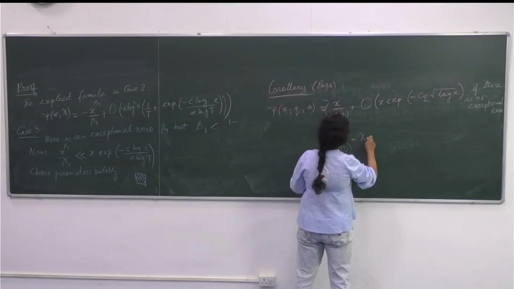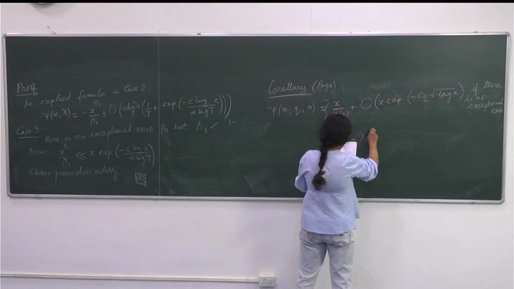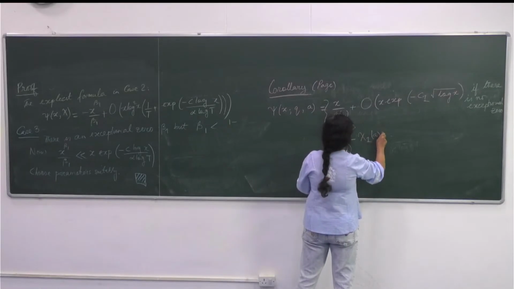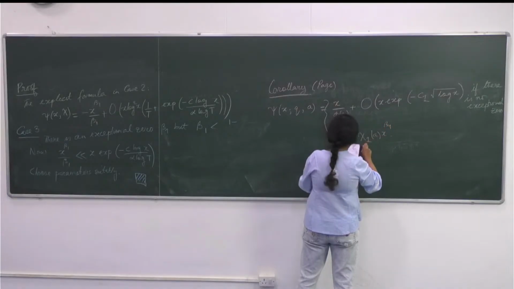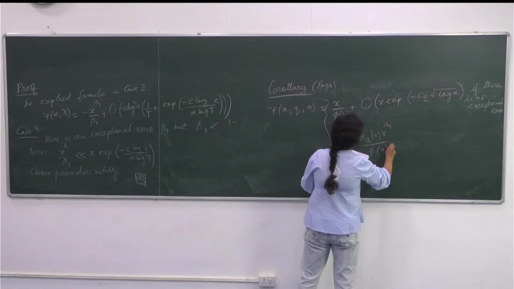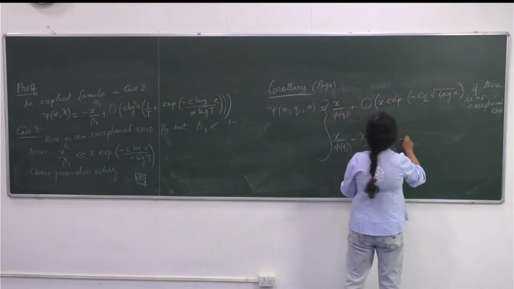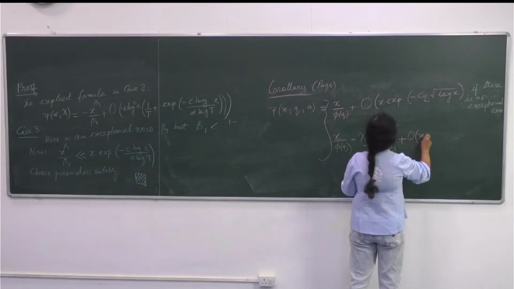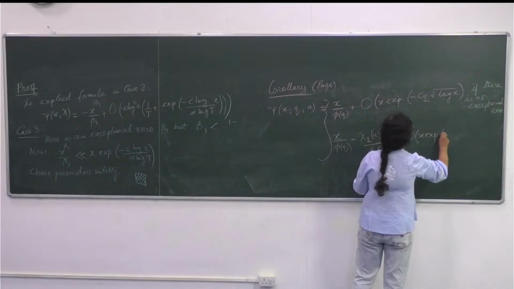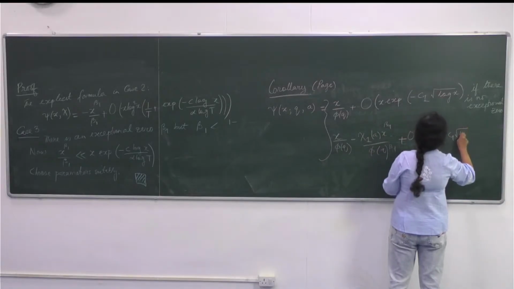So this is chi1 bar of a, x to the power beta 1 over phi q to the beta 1, plus big O of x exponential minus c1 square root of log x.